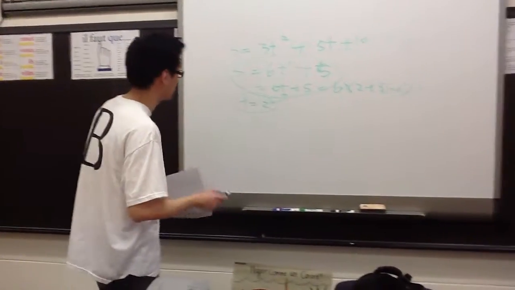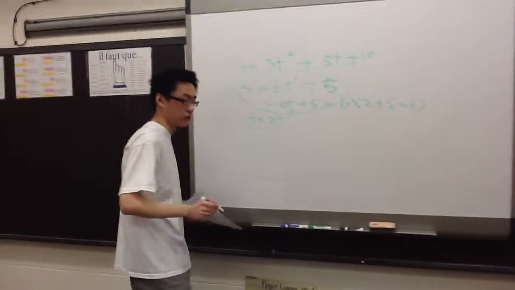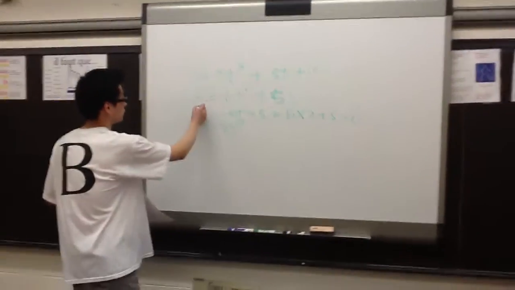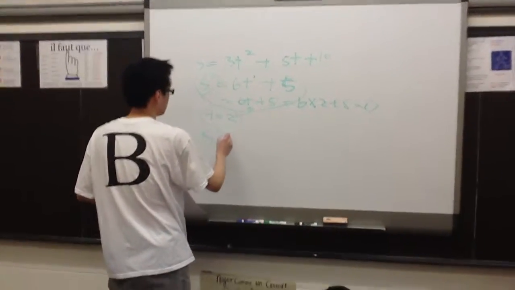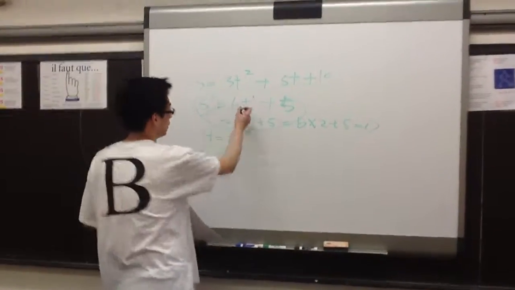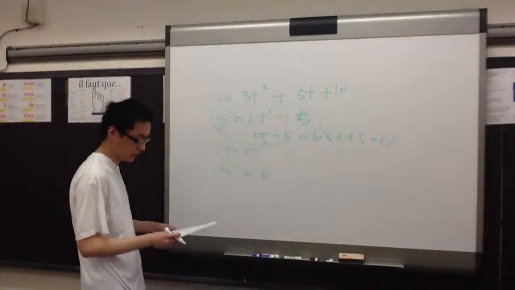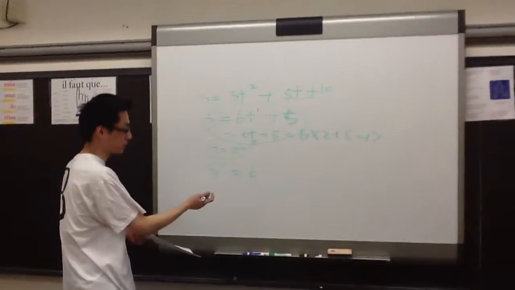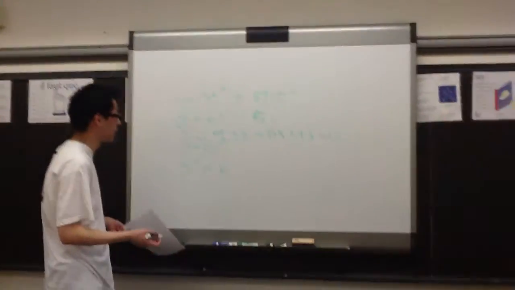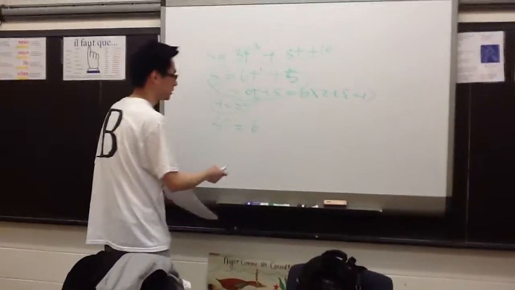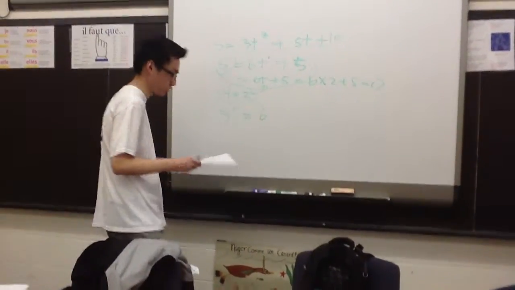So what's next? We need to do the second derivative of the position. So we know the first, then we do the second. This is constant, right? So this is 6, so it's constant, there's no acceleration.